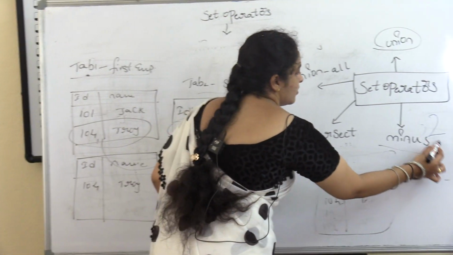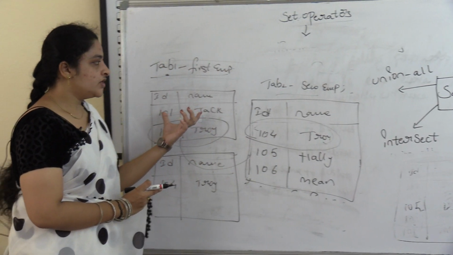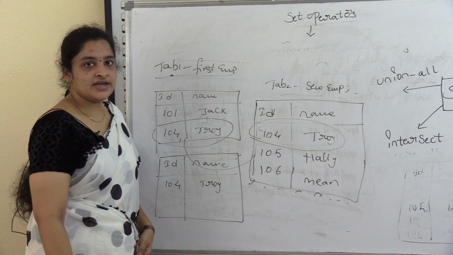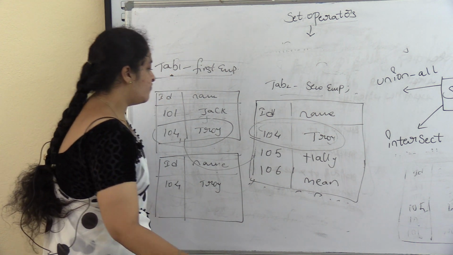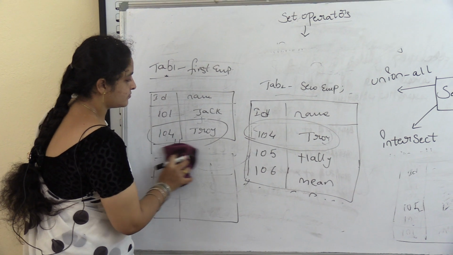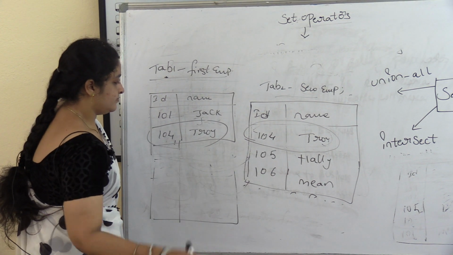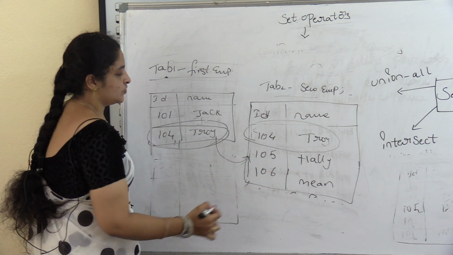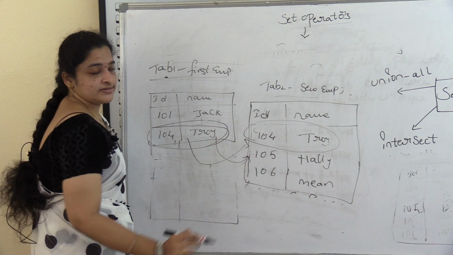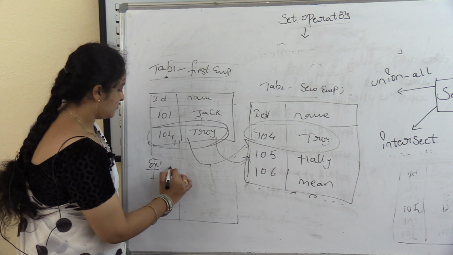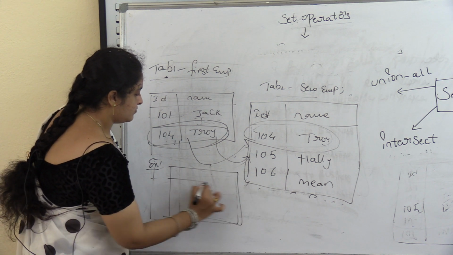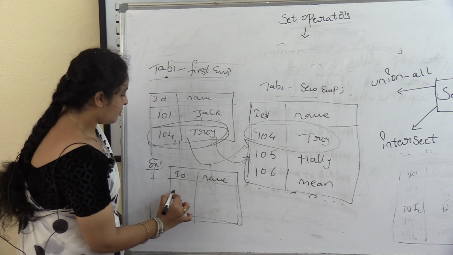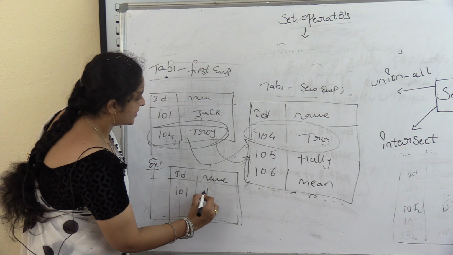In minus, we take the first table minus the second table. It deletes from the first table the values that are in the second table. Here 104 repeats in the second table also, so it is deleted. So the example table, ID, name: 101 is the answer of minus.